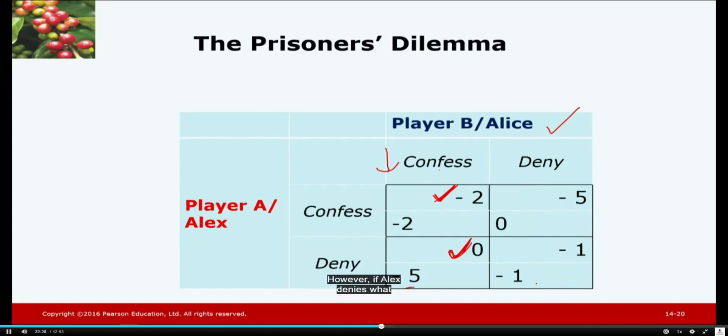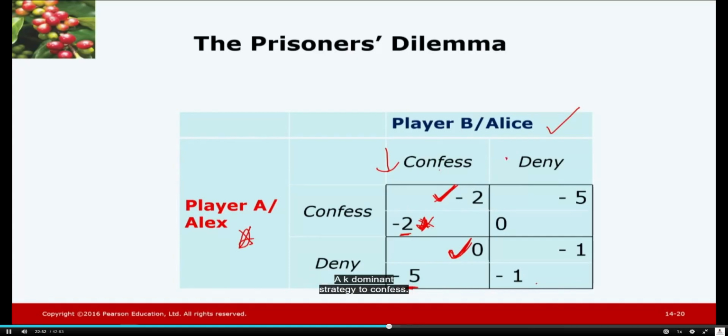If Alex believes Alice is going to confess, is Alex's best response, let's give it a star, to confess and go to prison for 2 years, or to deny and go to prison for 5? Well, we can clearly see that this is better. He only goes to prison for a shorter time. So he's going to confess. If Alice confesses, Alex is going to confess.